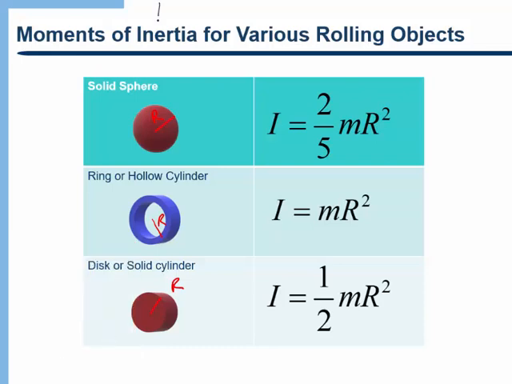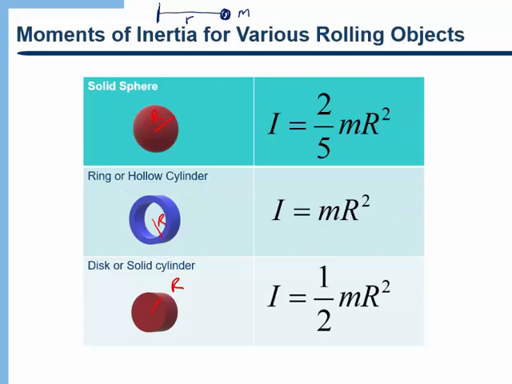We've said if you just have one object a distance r from the rotation point, that the moment of inertia is mr squared. Well, think about this ring or hollow cylinder. All of the mass is at a distance r from the center. So it makes sense that I is equal to mr squared.